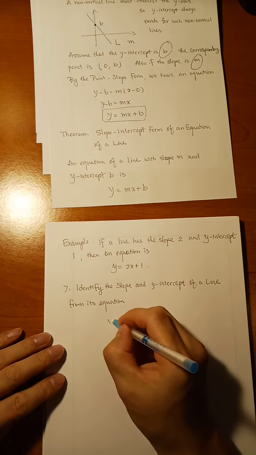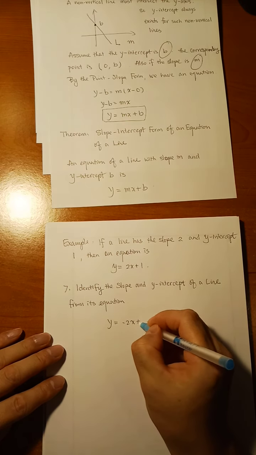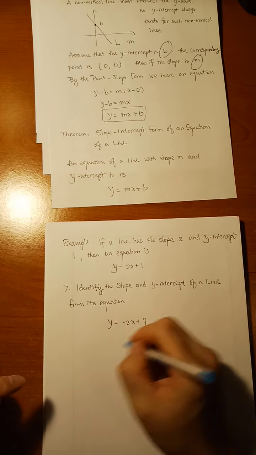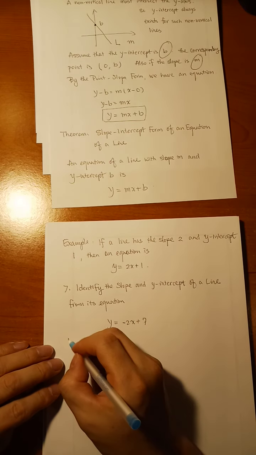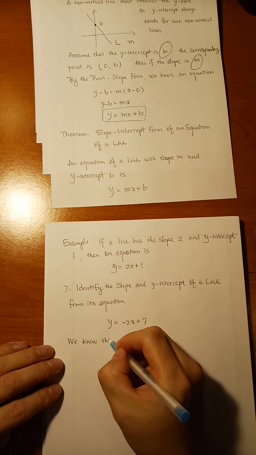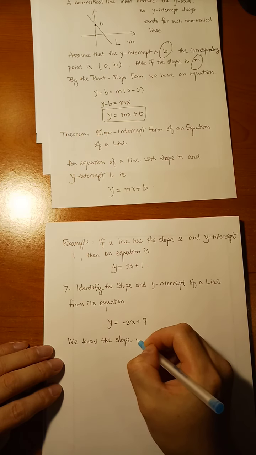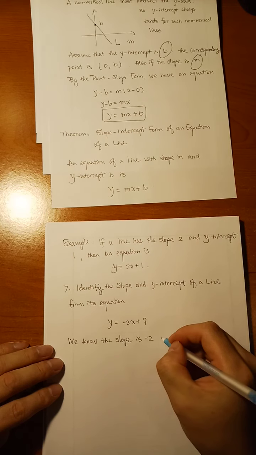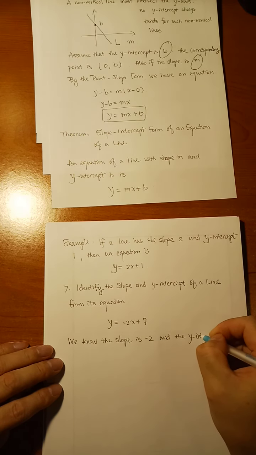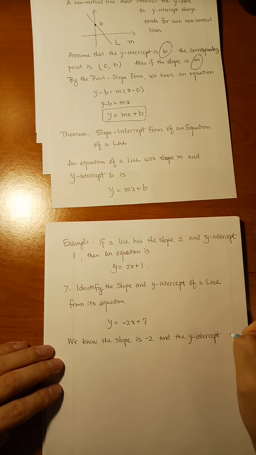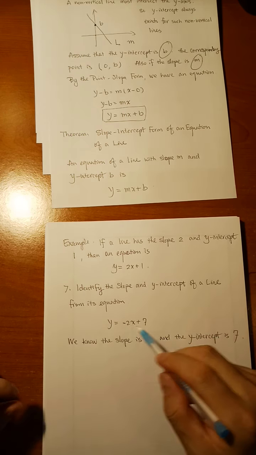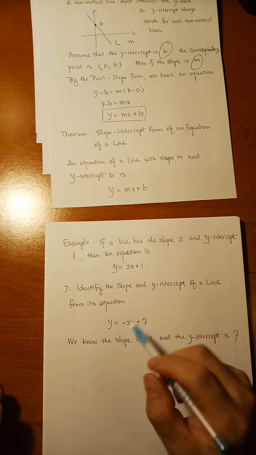So if you have, for example, y equal to negative 2x plus 7, once you have this formula, then we know the slope is negative 2 and the y-intercept is 7. That's it. And be careful, you must include the sign.